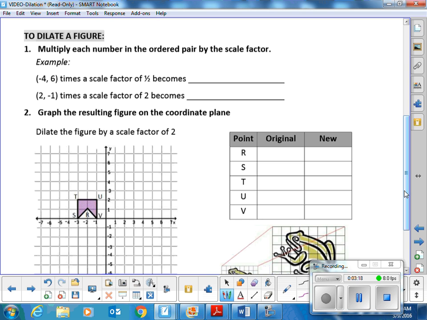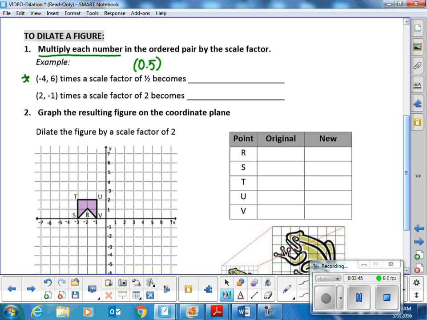Okay, so all we do to dilate a figure is you're going to multiply each number in the ordered pair by the scale factor. For example, if you look here, we have -4 and 6. That's our x and our y values in our ordered pair. And we're going to multiply it times a scale factor of 1/2, which we want to change into a decimal, which is 0.5.